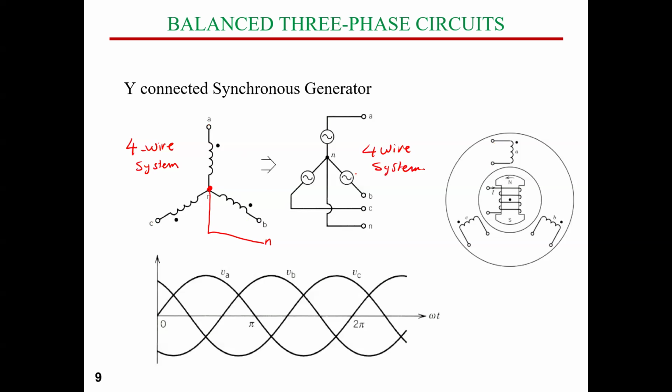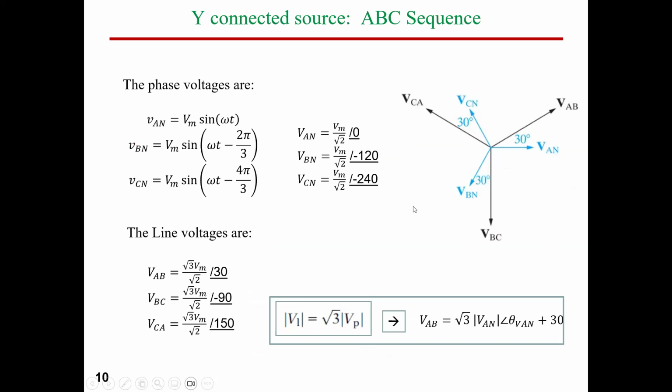So this is now the generator symbol. So we have three AC sources, A, B, C, and the neutral wire. The waveforms are nothing but three-phase voltage waveforms with a phase shift of 120 degrees. So this is 120 degrees, this here will be 240 degrees, and so on. So this is the three-phase system in case of Y connection.